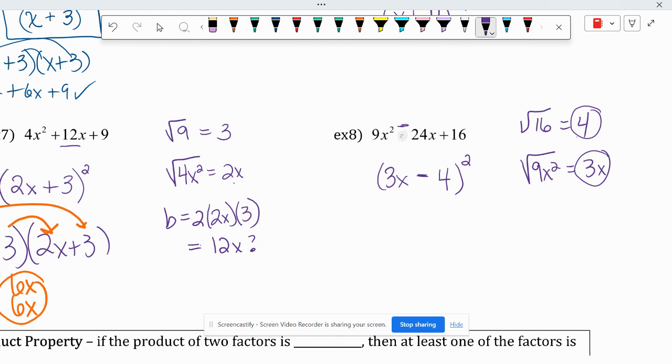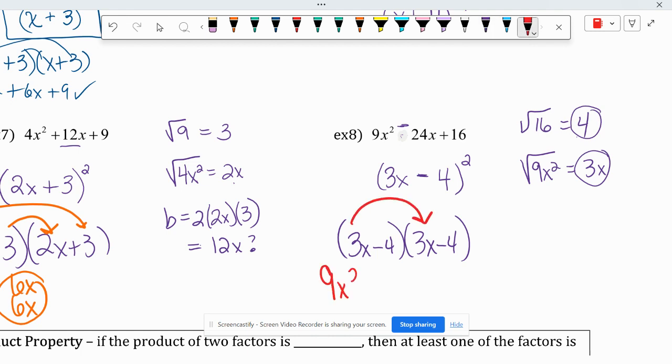Raise your hand if you need me to FOIL that out so you can see what's happening, because I will. Okay. So when I FOIL this out, I get 3x minus 4 times 3x minus 4. 3x times 3x is 9x squared. 3x times negative 4 is negative 12x.